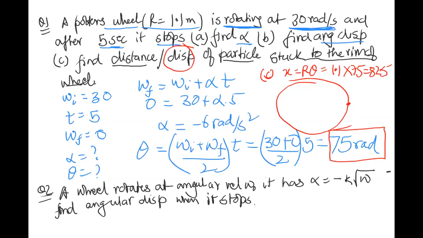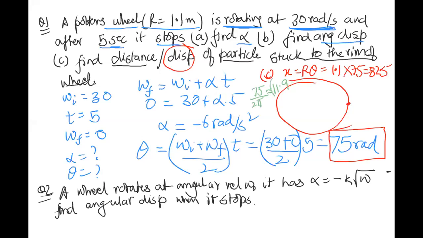This means, assuming the answer is 11.9, what am I doing here? I am doing 75 divided by 2 pi, approximately equal to 11.9. Sorry, not radians.